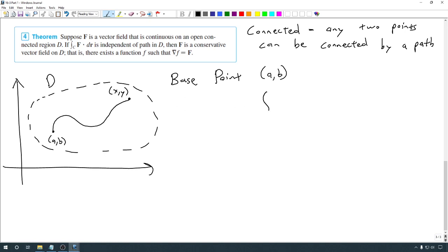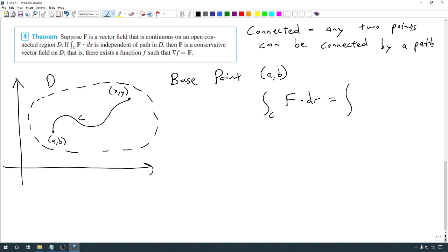because I'm able to take a path from AB to xy, I can actually find an integral, let's call this C, some integral along C of capital F dot dr, and this integral won't depend on which path I actually take. So I can pick any path as long as it stays in D, so this integral even is defined. I can take any path and I always get the same result.